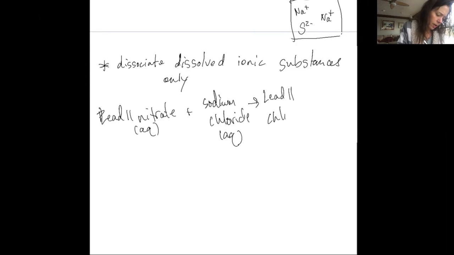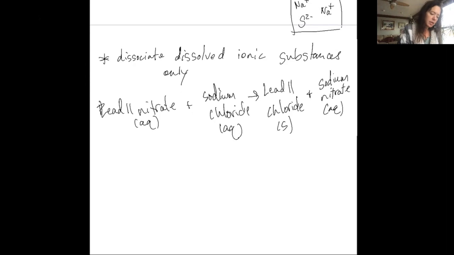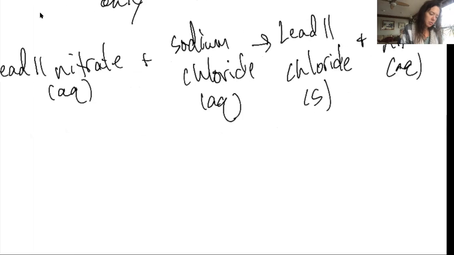All right, and that, I'm telling you, will be a solid. It will precipitate out, and we will then also have what? Sodium nitrate, and the sodium nitrate will remain dissolved. So I'll give it an aqueous in the solution.